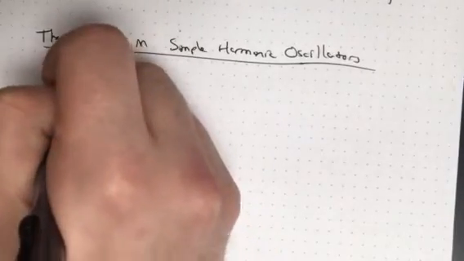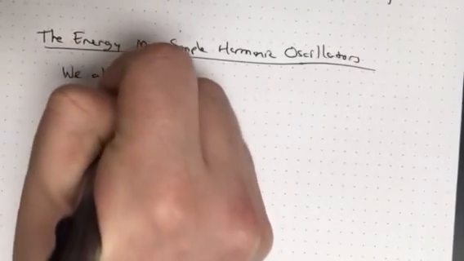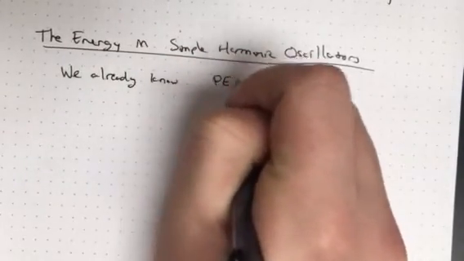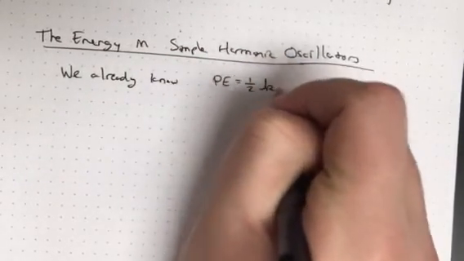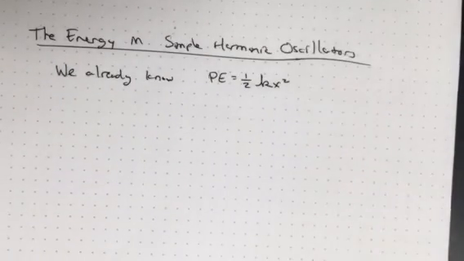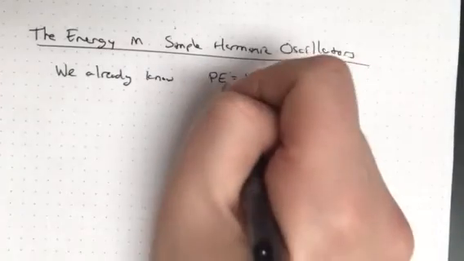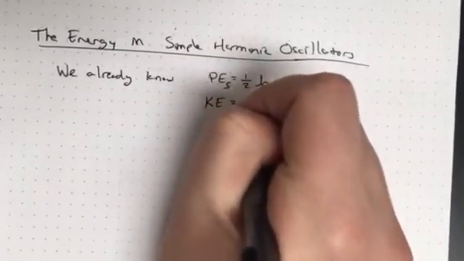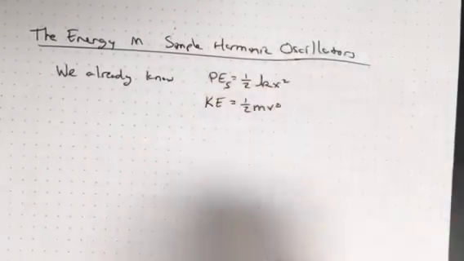So we already know that the potential energy of a spring is 1/2 kx squared. If you don't remember it, no big deal. But that was what we found out a while ago. So this is the potential energy of a spring. We also know that kinetic energy is 1/2 mv squared.